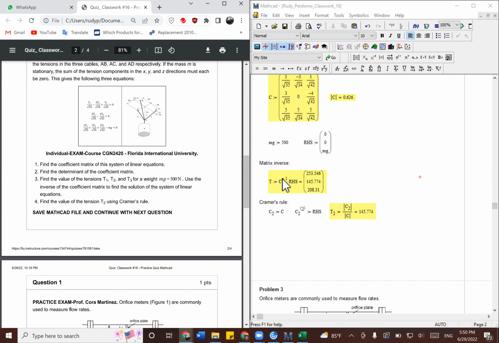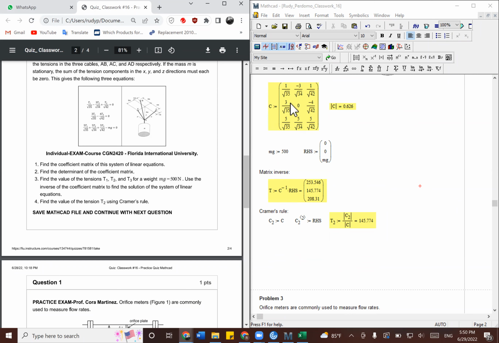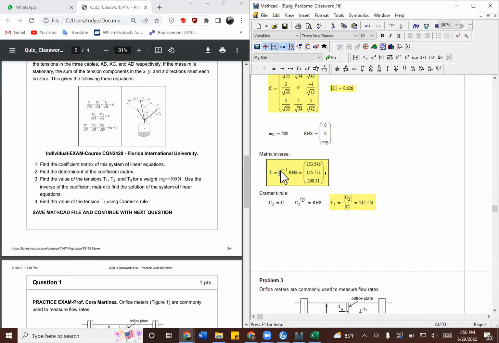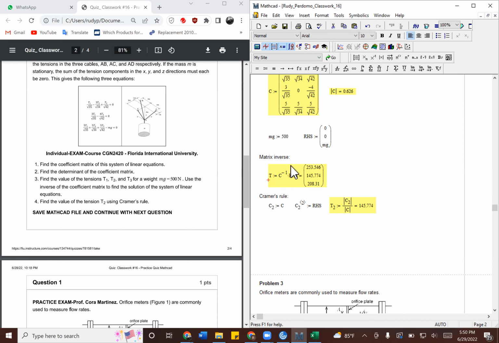So you multiply both sides by the inverse of the coefficient matrix, right? Mm-hmm. And you should get T. So what you do here is rewrite it. Okay. Hold on. So C, and then in the matrix toolbar, inverse, right? Space twice. Dot product, multiply, right hand side vector here, and you should get the answer here. Okay.